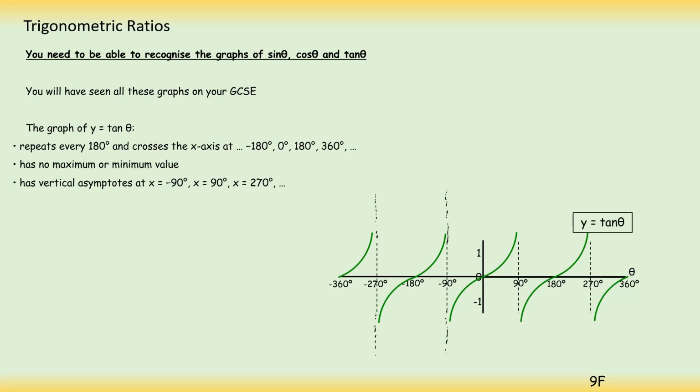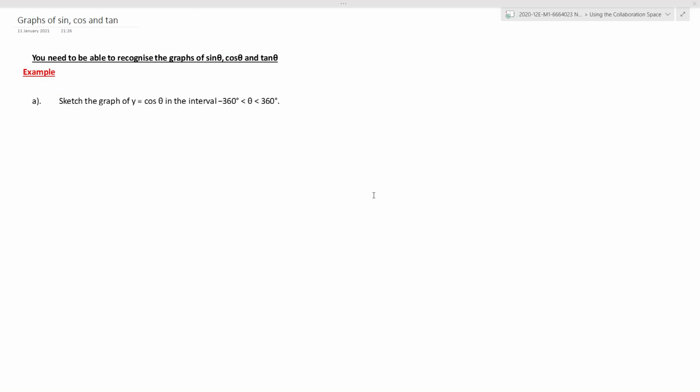So it never attains minus 90, but it goes towards it. And that's what our asymptotes look like. So our tan graph is asymptotic at the values minus 90, 90, minus 270, 270 and so on. So as before, hit pause, make some notes. When you're ready, we're going to look at an example.